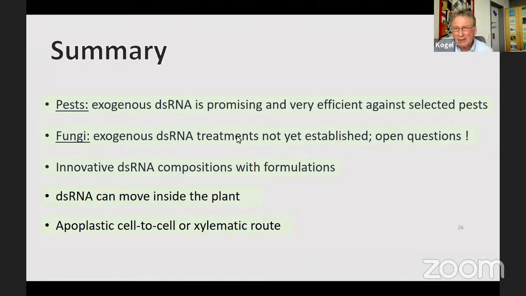Exogenous double-stranded RNA treatments in fungi need to be improved. It's an innovation, but probably we need a lot of research into formulations. As I say here, so far we see only an apoplastic transport from cell to cell or via the xylem route of double-stranded RNAs when sprayed onto leaves.